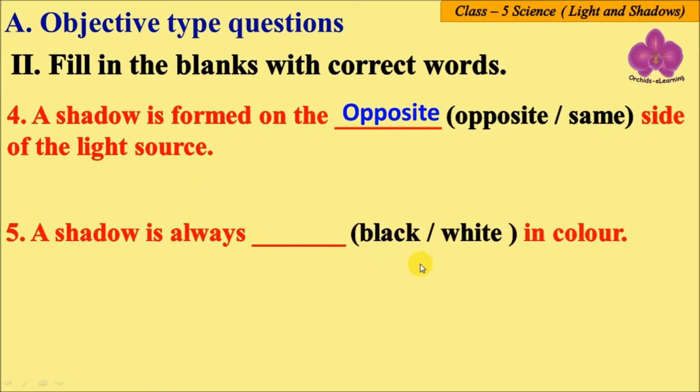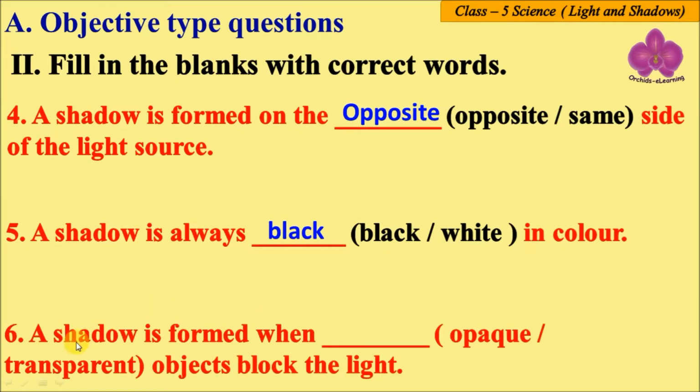A shadow is always dash in color, black or white. It is black. Sixth one, a shadow is formed when dash objects block the light. Option is opaque or transparent.